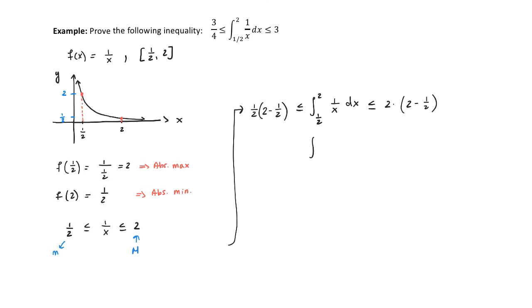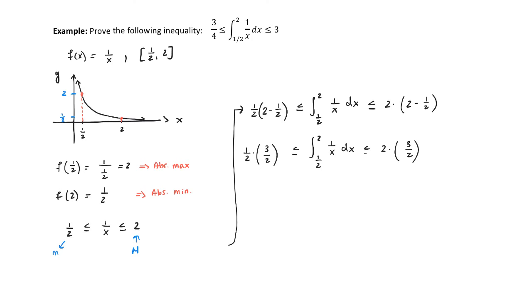So then the integral from 1/2 to 2 of 1 over x dx is going to be less or equal than 2 times, that is going to be 2 times 3 over 2. And then over here, this is going to be greater or equal than 1/2 times, again, 3 over 2.